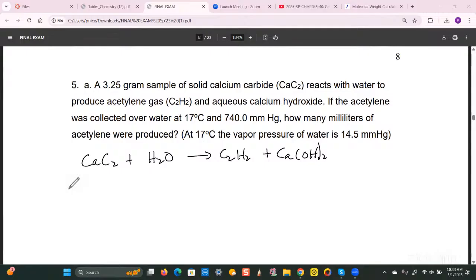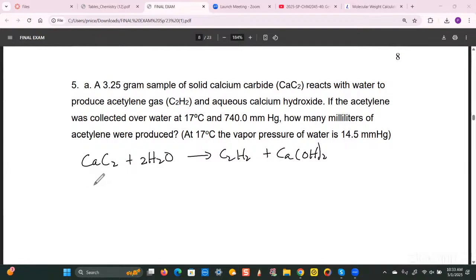And of course, you have to balance it. So how do we balance it? You have one calcium on both sides, two carbons, and two hydrogens. You have four hydrogens on this side, so I'll put a two here, and two oxygens. So now I think the equation is balanced, all right?